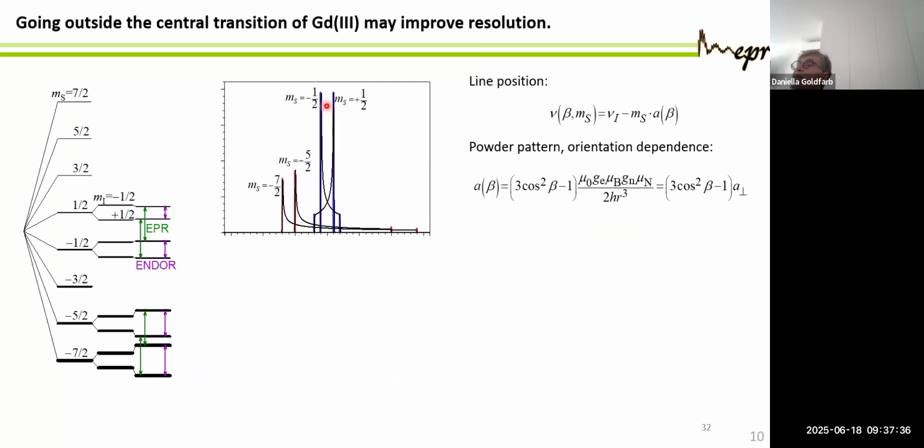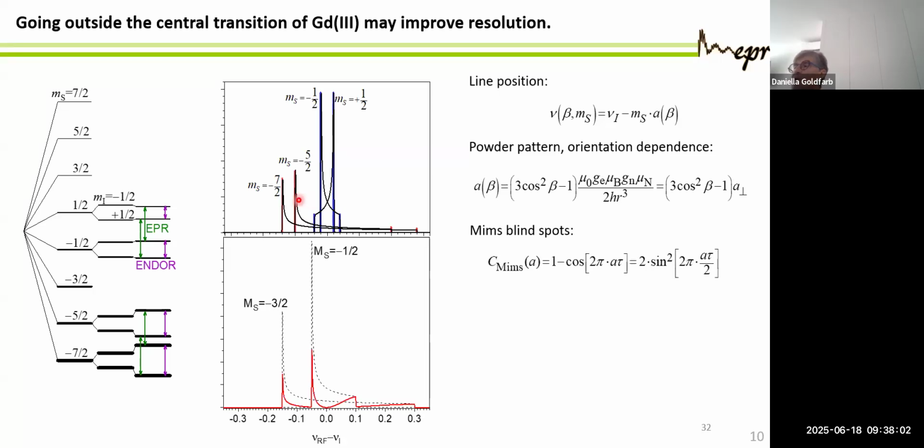So this is the powder pattern, the Pake pattern you get for the central transition. Now the powder for the other transitions, you see, they are much broader and shifted from the center. So if you lost your resolution here, you can still measure this shift. So you can really extend your resolution.